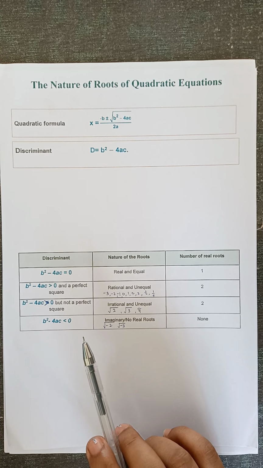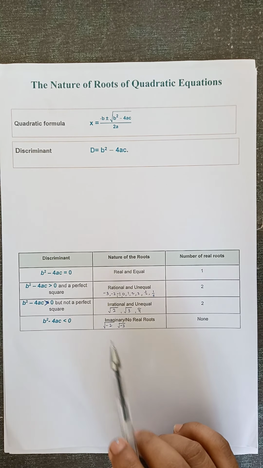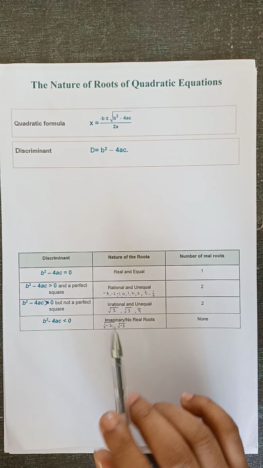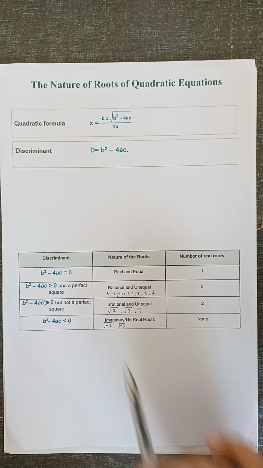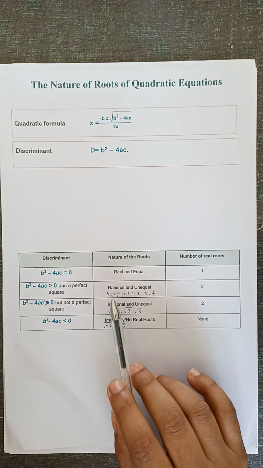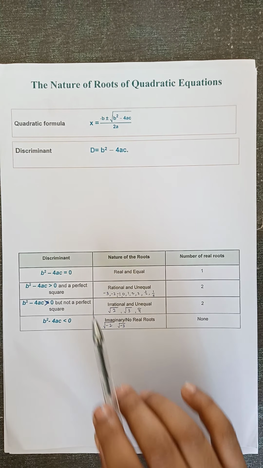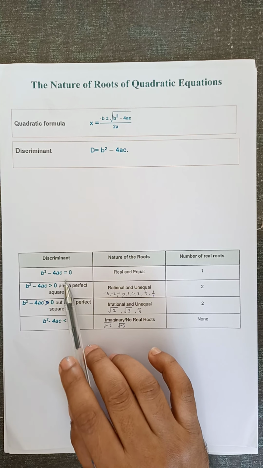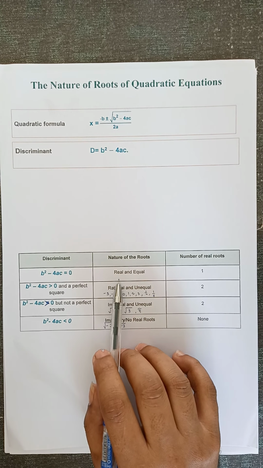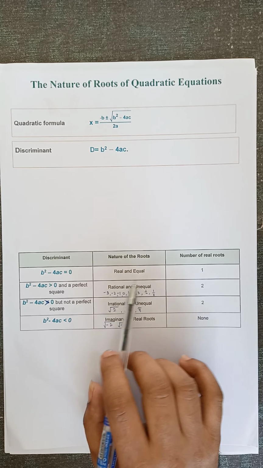So negative, 0, and positive numbers. So negative 3, negative 2, or negative infinity to 0 up to positive infinity. Those are the real numbers. So if it is equal to 0, therefore the nature of the roots are real and equal.